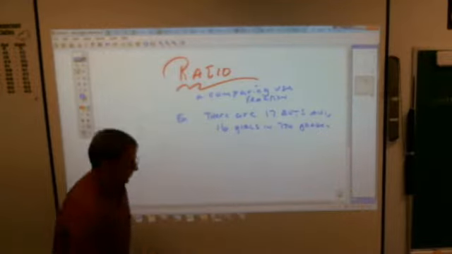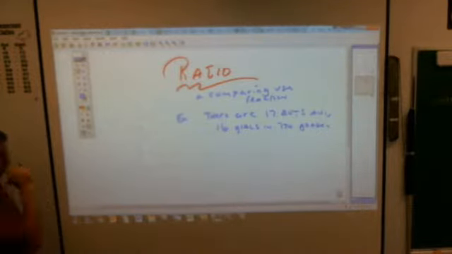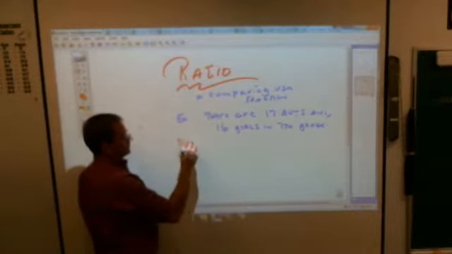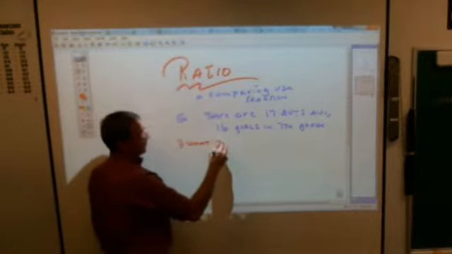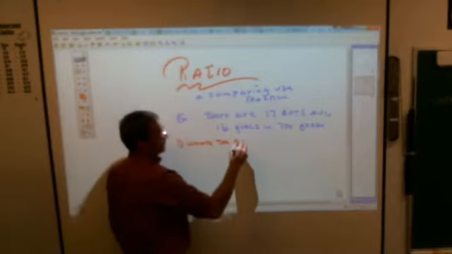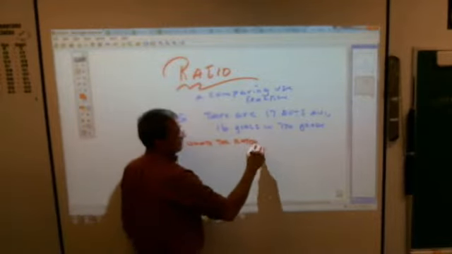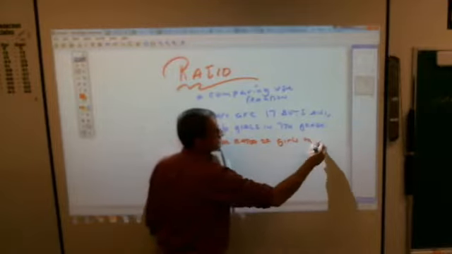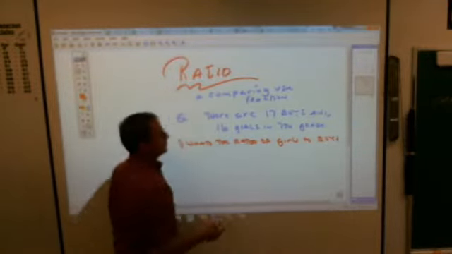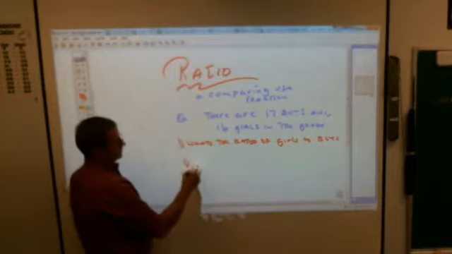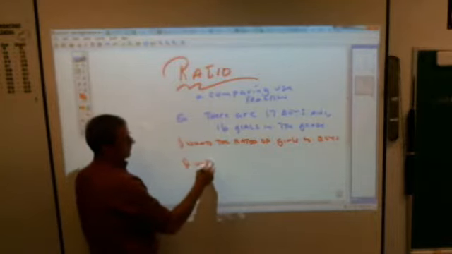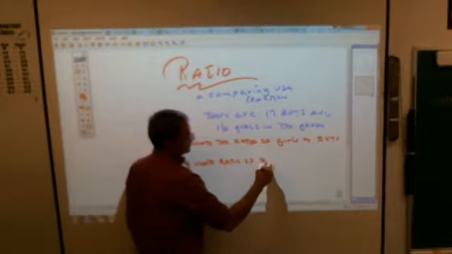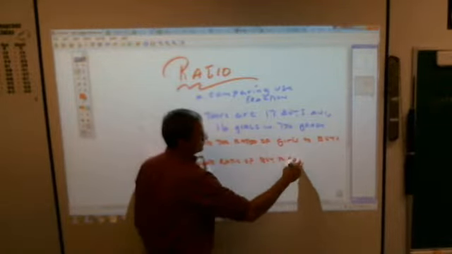With that information there, I could really probably write 3 different ratios. Here's question number 1. What's the ratio of girls to boys? What's the ratio of boys to girls?